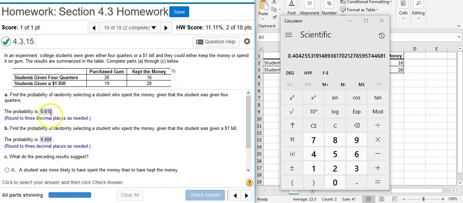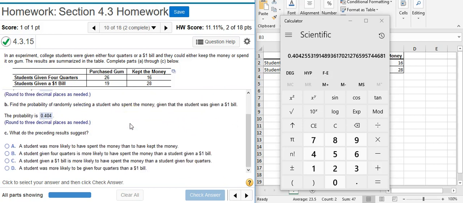In this case, the probability that's higher is associated with having the 4 quarters as opposed to the dollar bill. So what we see here is that if you're going to spend the money, it's more probable you'll spend it if you actually have 4 quarters as opposed to the dollar bill. Okay, let's go back and look at our answer options, see which one matches what we've just learned.